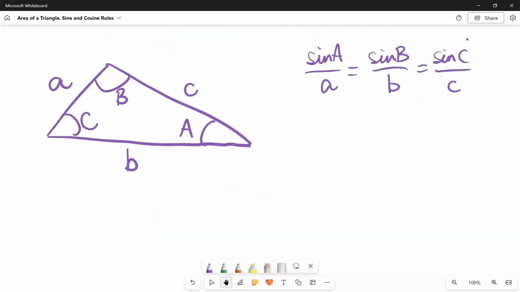So let's say we wanted to get the area of the triangle, and let's say we use the standard rule, half ab sine C. But my using this is quite arbitrary because I've just labeled this side a and this side b.